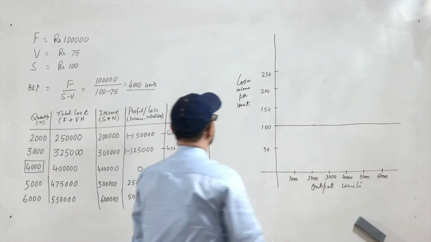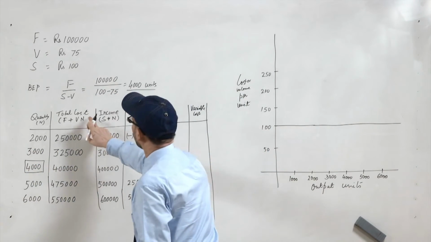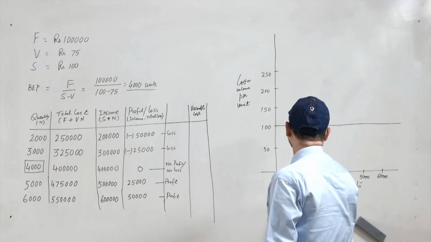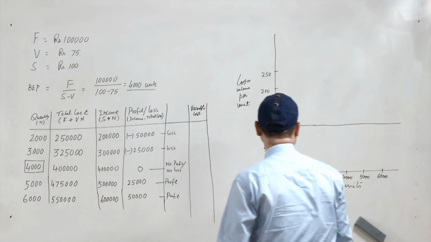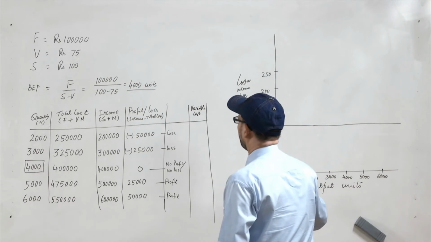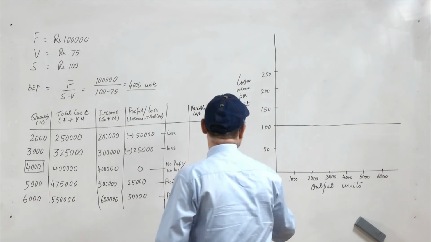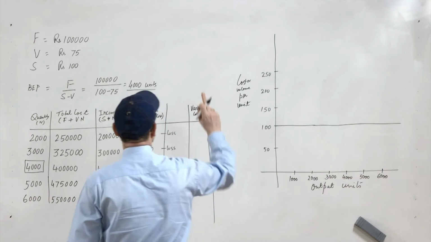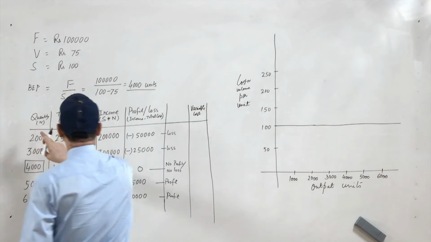Now, in this case let us find something about the total cost. Now, total cost line for 1000 outputs per unit output. So, we have to get the value of total cost for 1000 units.